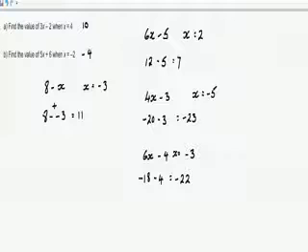Let's say we've got 6 plus x and x equals minus 2. So that's 6 plus whatever x is. Now x is minus 2, so we write in minus 2.